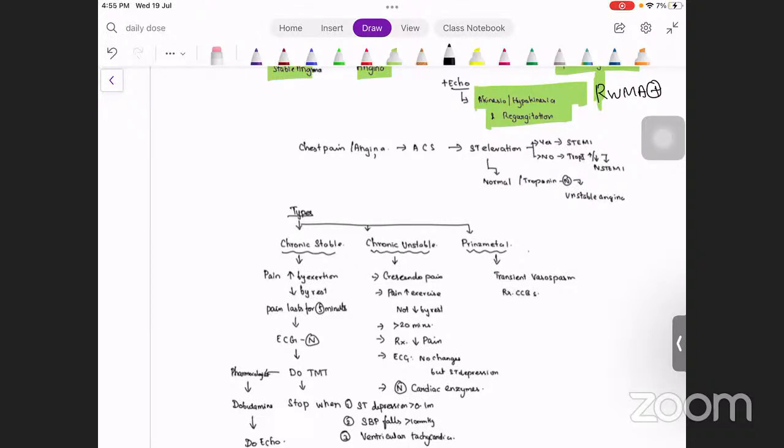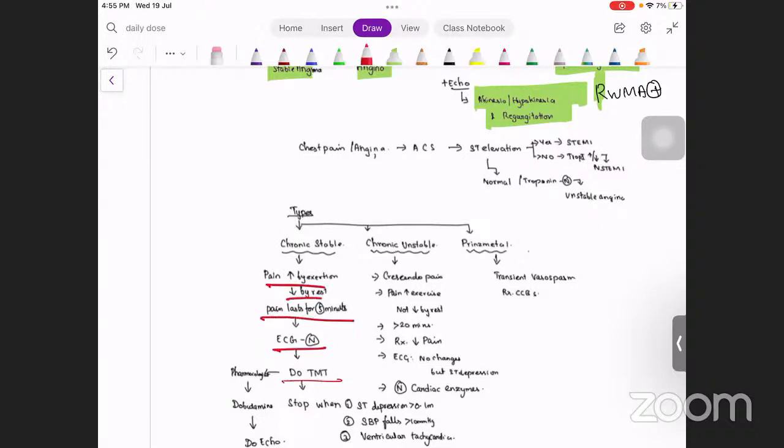Speaking about angina, we have 3 types: chronic stable, chronic unstable, and Prinzmetal angina. In chronic stable angina, pain increases with exertion and decreases with rest. Pain increases when you are working, decreases by rest, and lasts for 5 minutes.